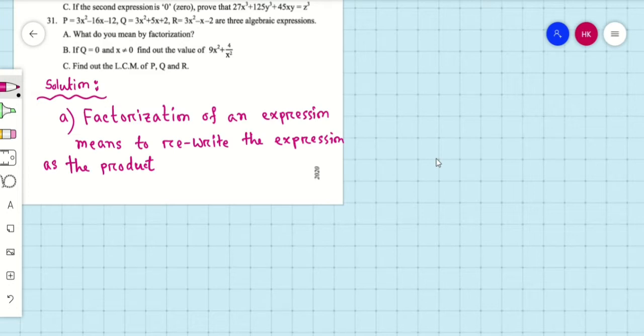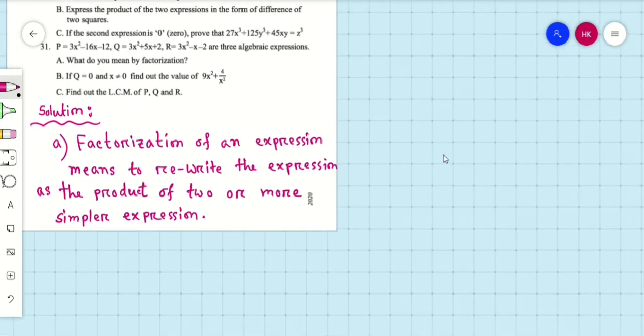Factorization of an expression means to rewrite the expression as the product of two or more simpler expressions. So this is the answer. For 2 marks you can just write this answer, and if you want to write it in a better way, then you can follow the book.